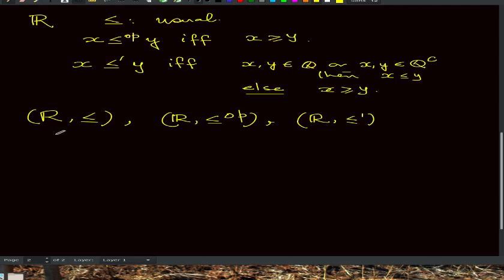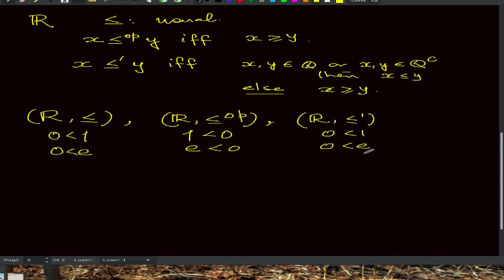Why? Over here 0 is less than 1, over here 0 is not less than 1. Over here, as you can see, 1 is less than 0. Yeah, it is the opposite. And over here, 0 is less than e, but here e is less than 0.